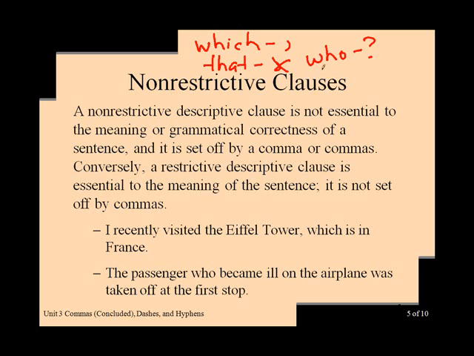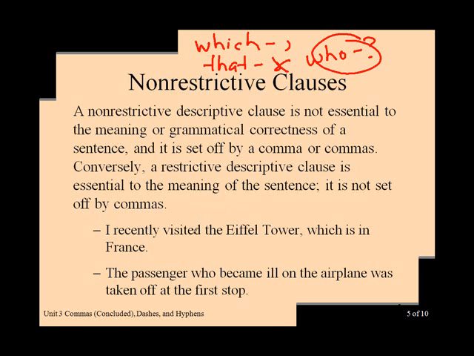The main thing we're looking for is if the who clause is limiting it so that you're only looking for those that are in the who clause, or if the who clause is adding additional information to something you've already mentioned. In other words, the who clause is acting more like an appositive, or more information about something you've already mentioned. Let's take a look at the sample sentences, and this will give you an idea of what I mean.